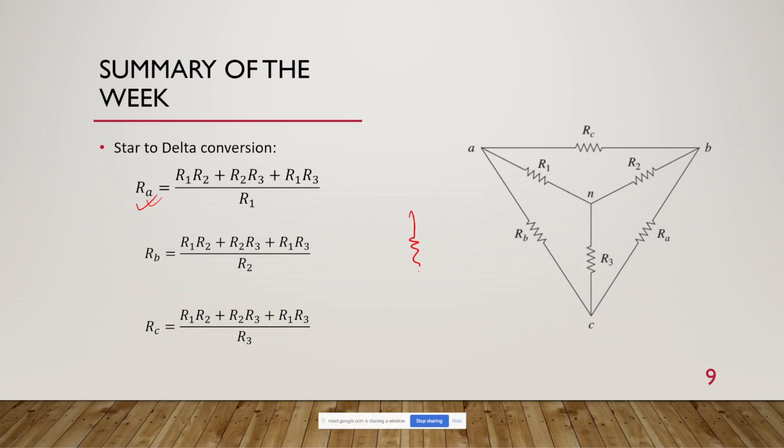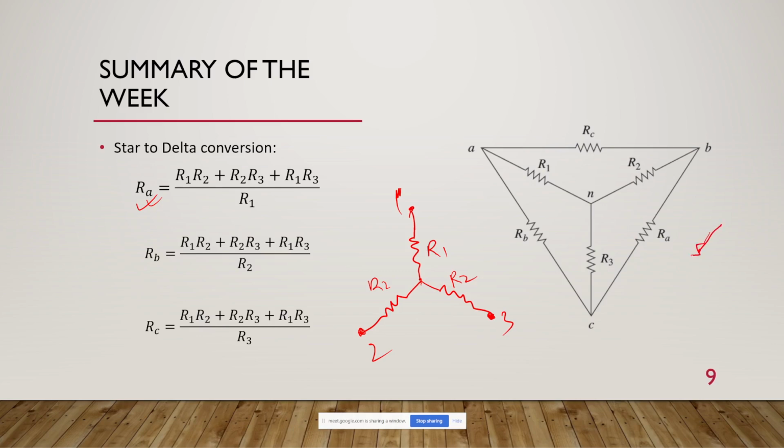There is a resistor here, a resistor here, and a resistor here. You are given 3 resistors and there are 3 terminals also. This is terminal 1, this is terminal 2, this is terminal 3. These are the 3 terminals of the star connection, and you want to find the equivalent delta connection.